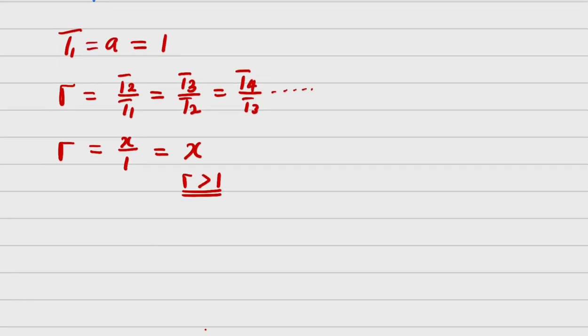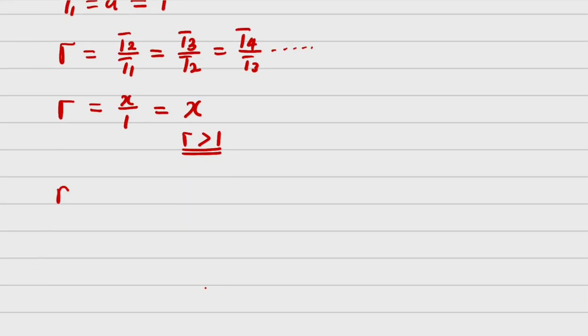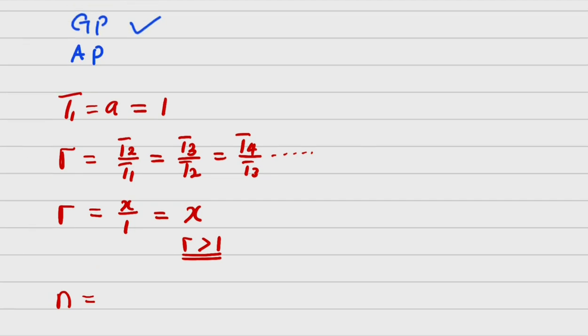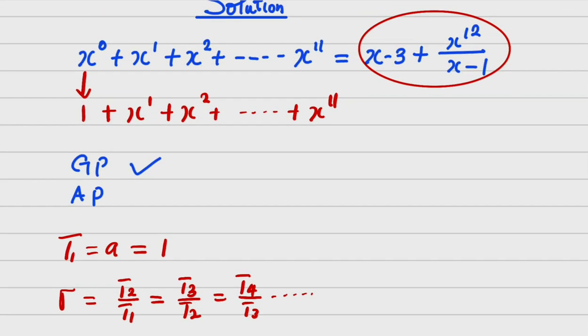Then the next thing is to find n. And n is actually number of terms. We are preparing this because we are going to work with sum of a GP. Now, how do we get our n? Let me show you what to do. If you come down here, you see that this is 11, and it is a consecutive thing where we have 1, 2, then we are going to have 3, 4, 5, 6, down to 11.